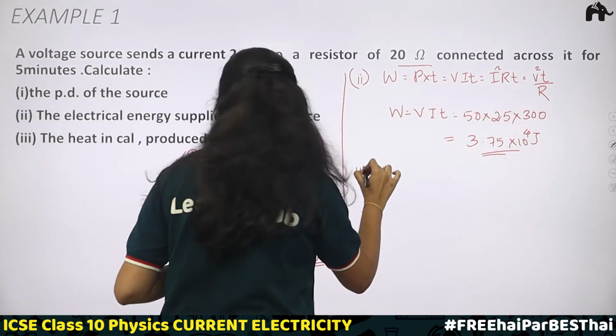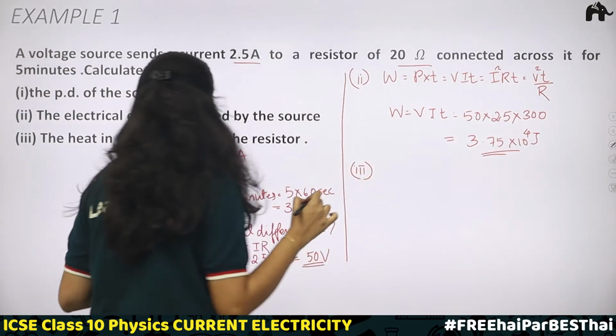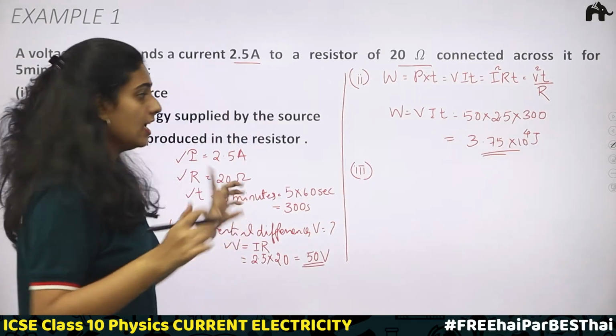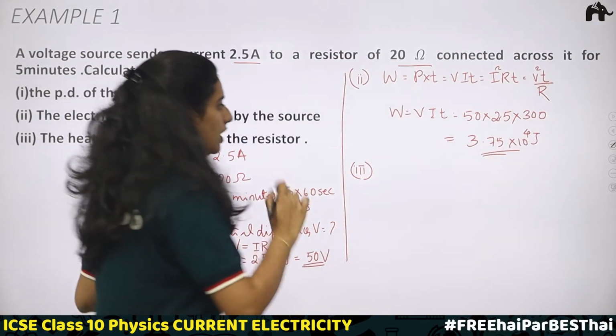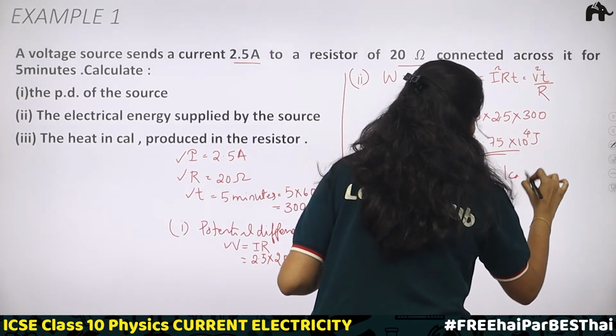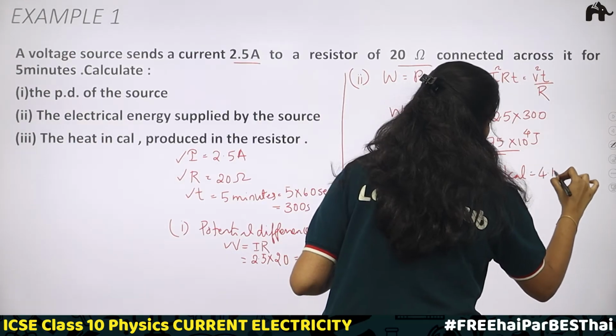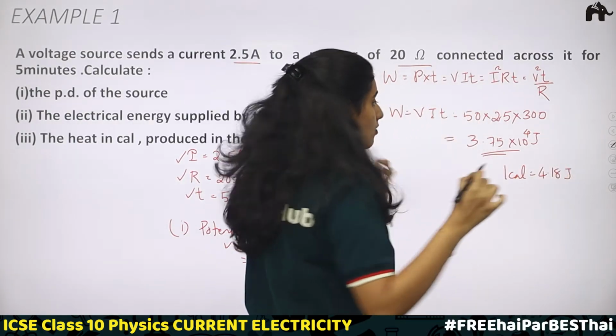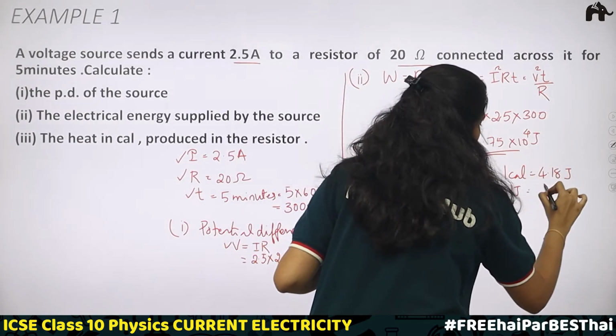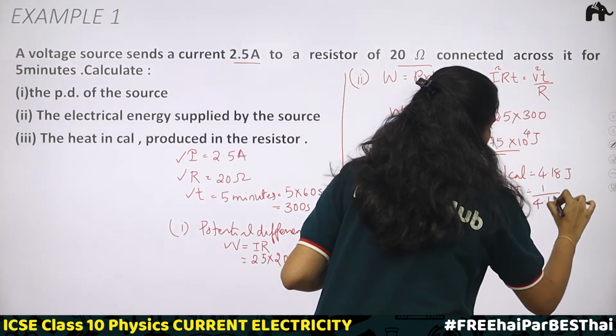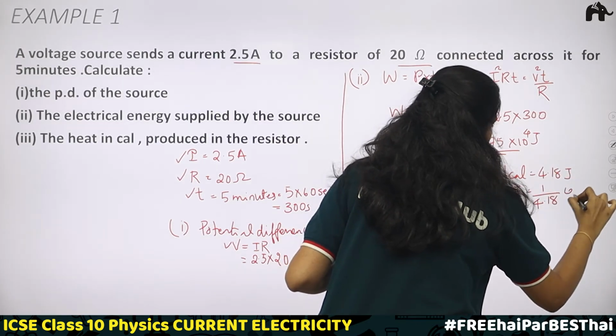Now the third part of the question, we have to find the heat in calories produced in the resistor. In calories we have to find. We know that 1 calorie is equal to 4.18 joules. Then 1 joule will be 1 by 4.18 calories.